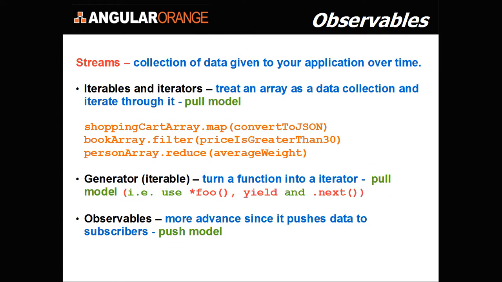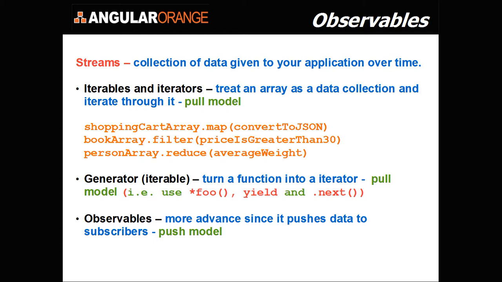Okay, what is a stream? It's a collection of data given to your application over time. Iterables and iterators treat an array as a data collection and iterate through it like a pull model. For example, if you have a shopping cart array, you can map and convert it to a JSON object.